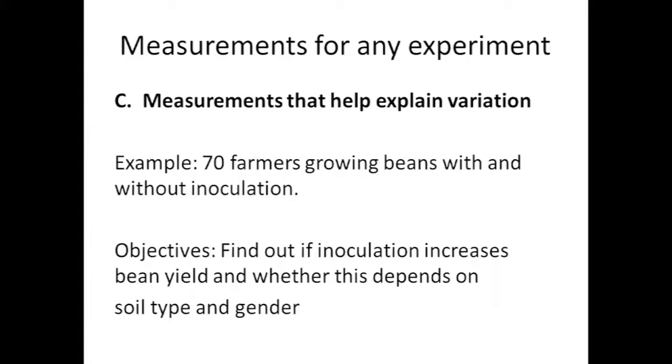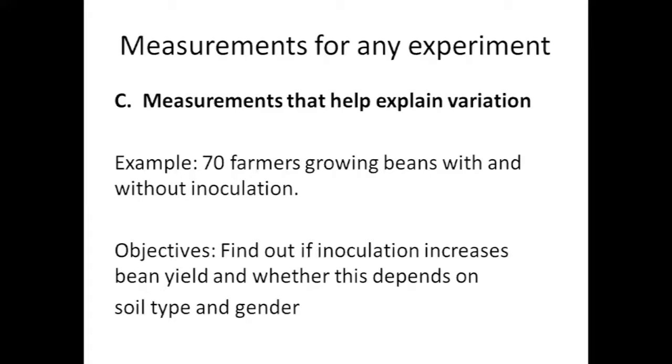And now the third set of measurements are those which we take to help explain variation. Now, every researcher that does on-farm trials will tell you that you always find a lot of variation in the effect of treatments on different farms.